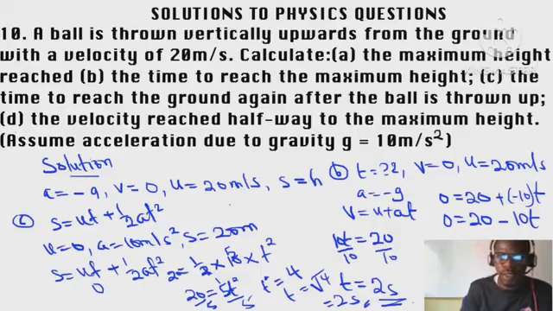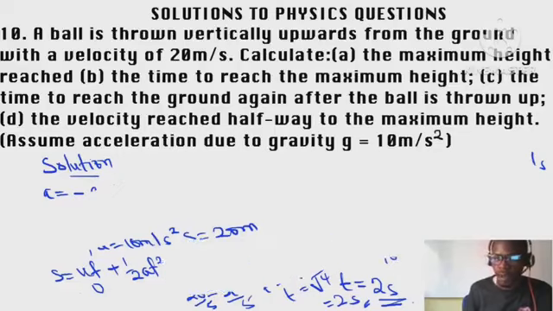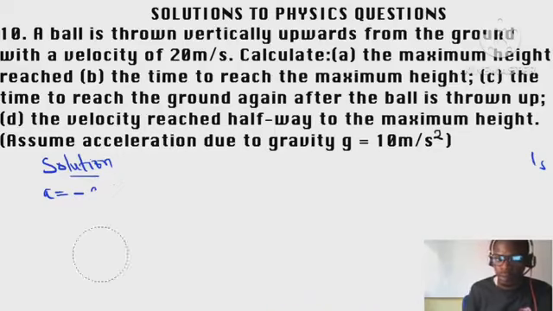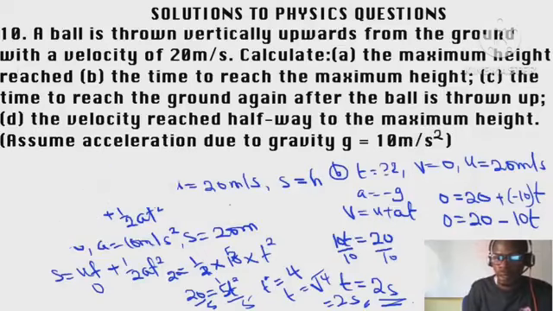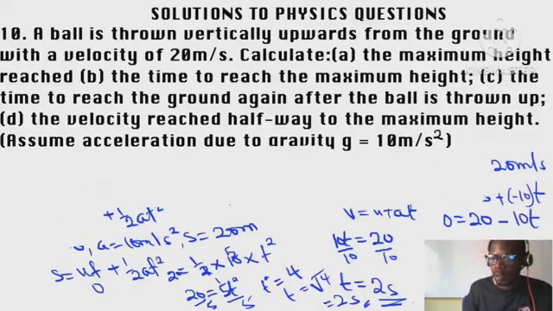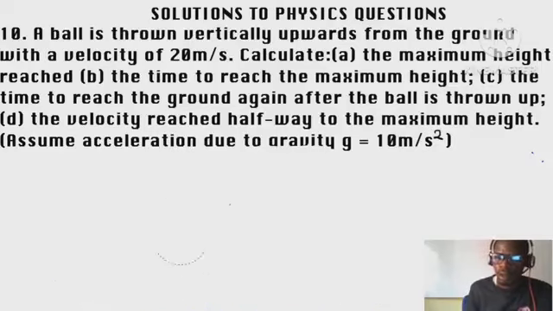So let's quickly see how we are going to solve the D part. From the information that we have worked and calculated so far, we want to calculate the velocity reached halfway to the maximum height.